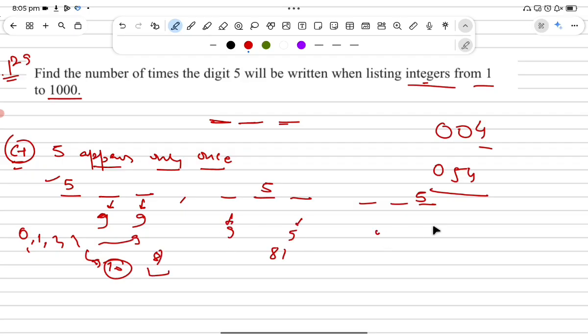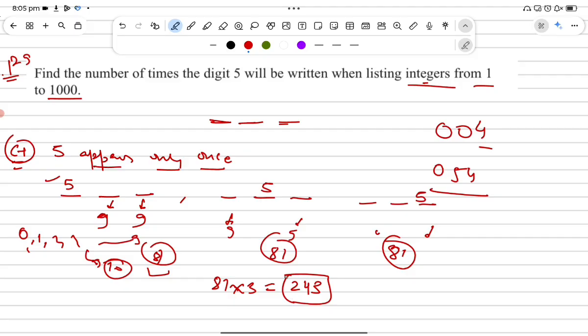Same for this, 9, 9, 81. So 81 into 3, that is 243. There are 243 numbers from 1 to 1000 in which 5 appears once. We have to count the number of times 5 appears. So 243 times in the first case.